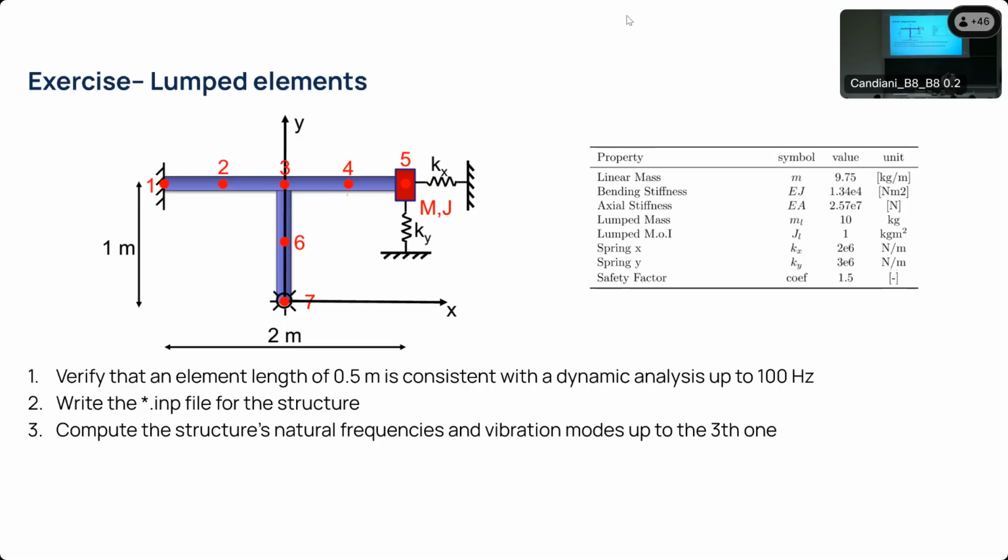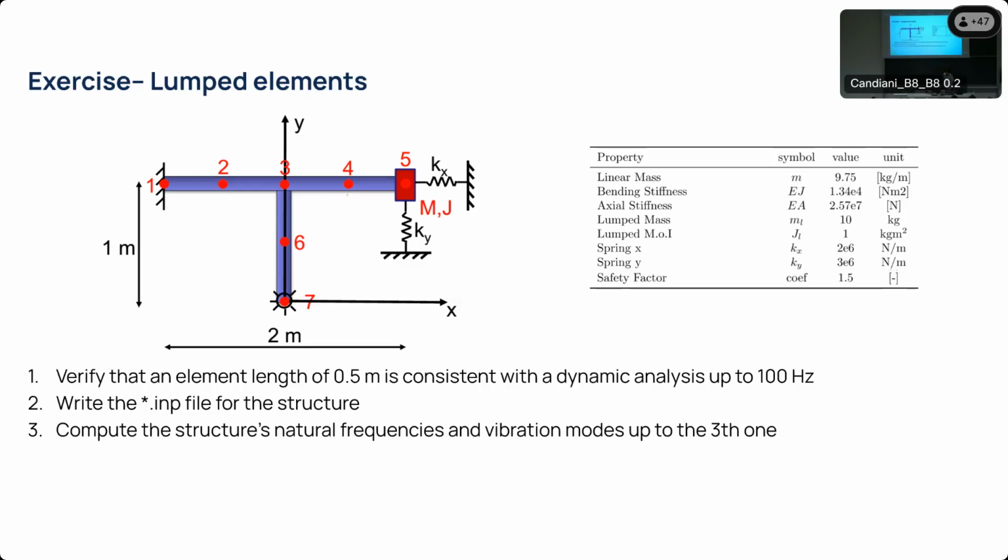We will start with an exercise that will be followed throughout the lecture to see how to develop it. In this case, we have a structure. The structure has a certain set of parameters. You can see that the structure has several constraints with respect to the ground. So it has a clamp on one side, it has a hinge on node 7, we have a coordinate reference system.